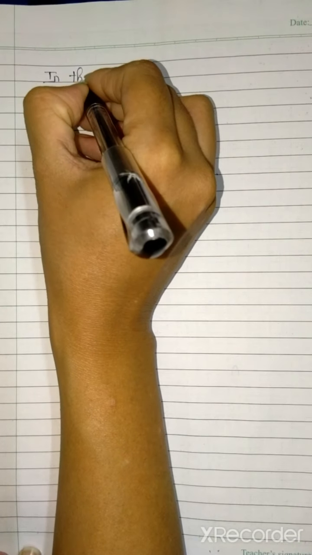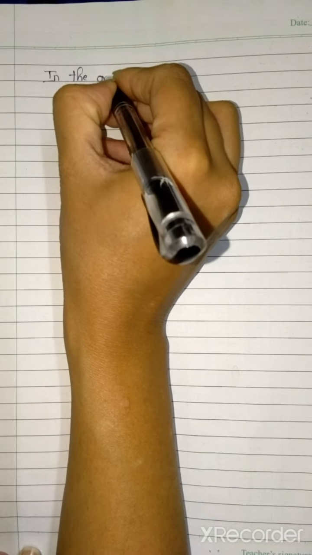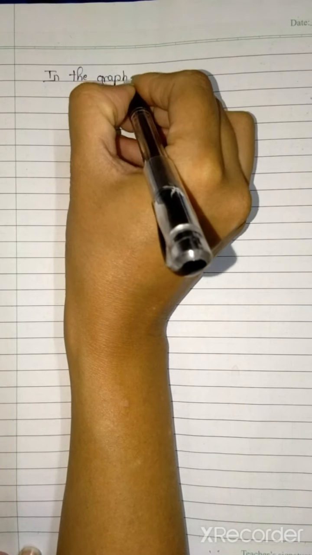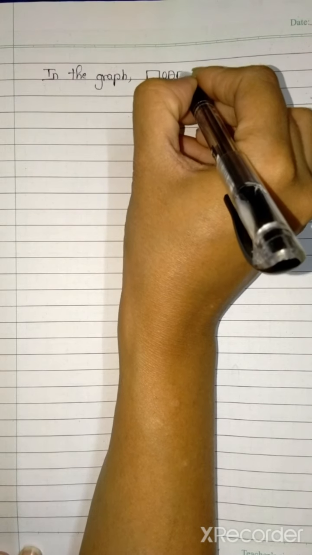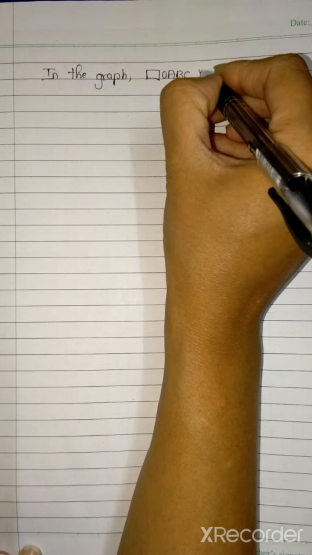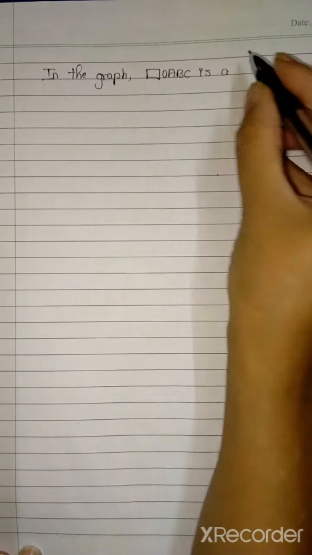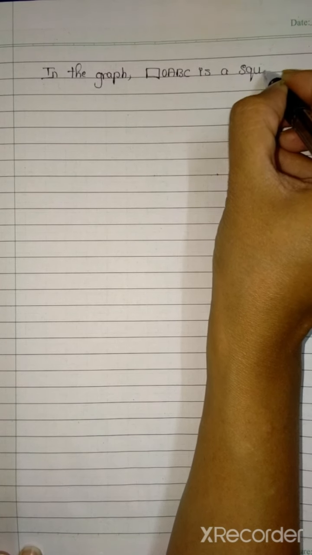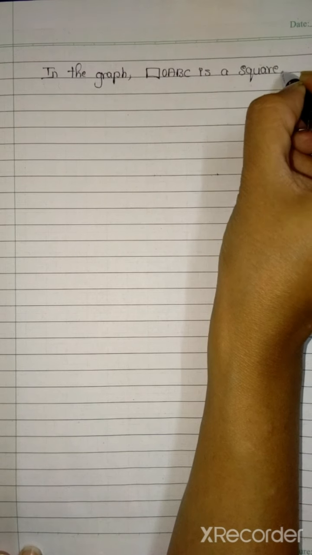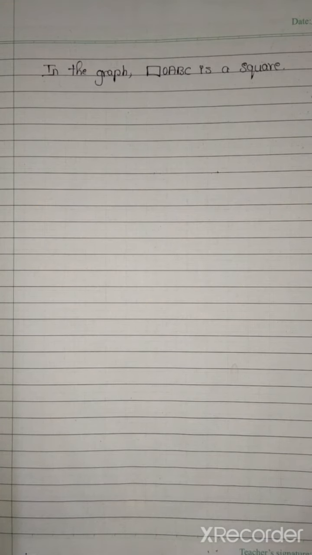So you can write in the graph the answer for this: Quadrilateral OABC is a square. So this is the answer for question number 1.